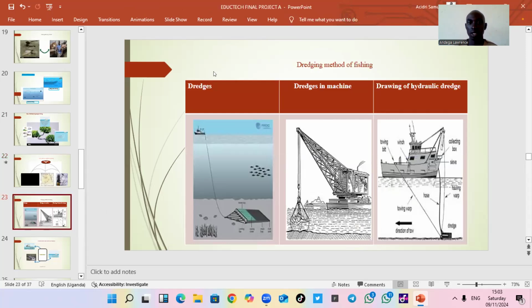And then another method, traditional, actually modern method of fishing is the dredging method of fishing. And for dredging, we can see here the pictures. This is dredging, where nets are cast and placed in the deep, in the bottom of the water.